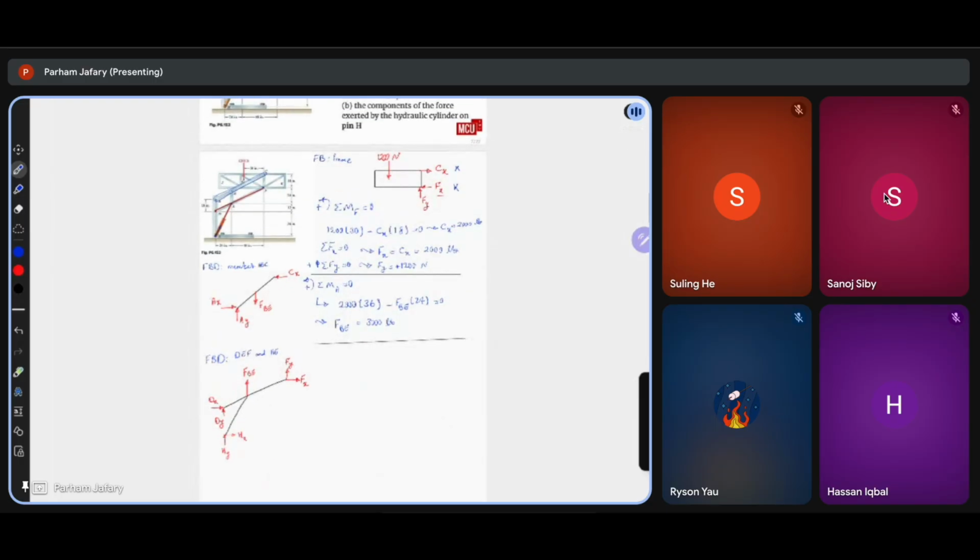Remember, we have already calculated Fx and Fy while we wanted to calculate Cx. So these two are known. And this one is also known.